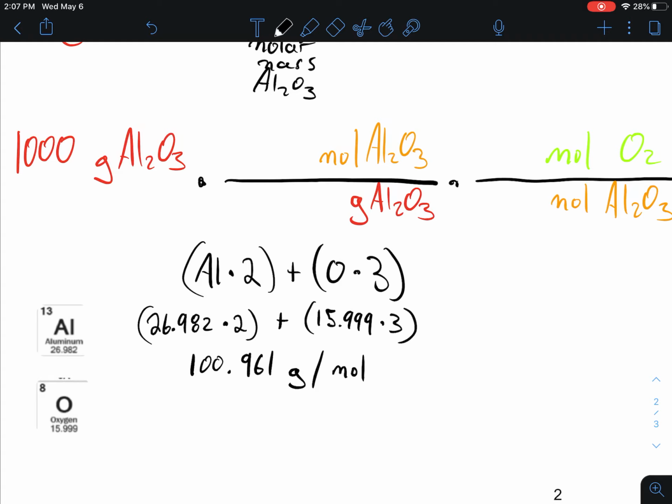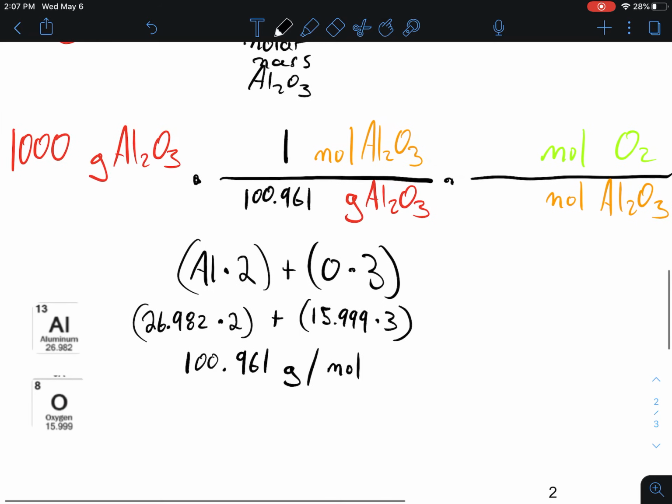From here, I'm going to transfer those numbers up. 100.961 grams, I'm going to put where the grams are. The mole is really 1 mole, so I'm going to put that up where the moles unit is. 100.961 grams, 1 mole.